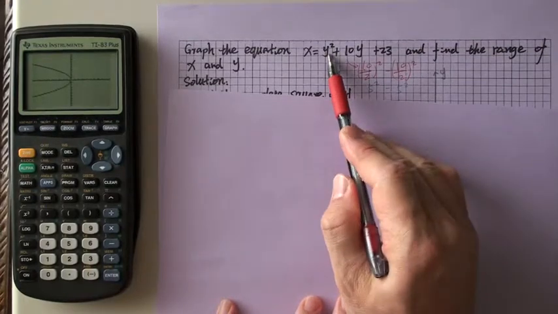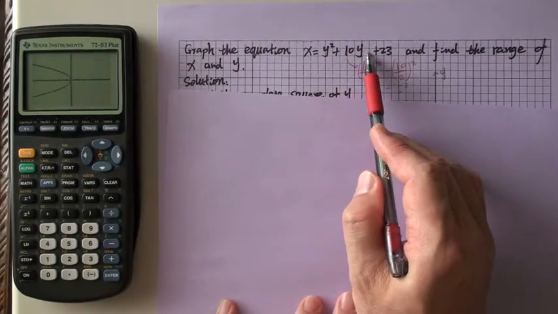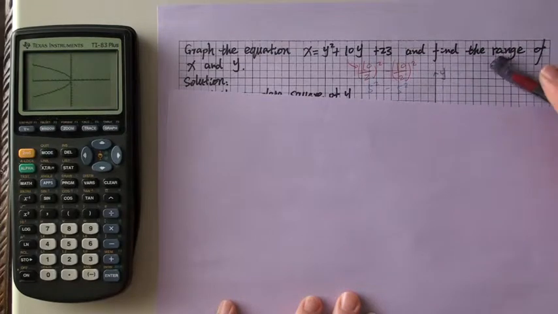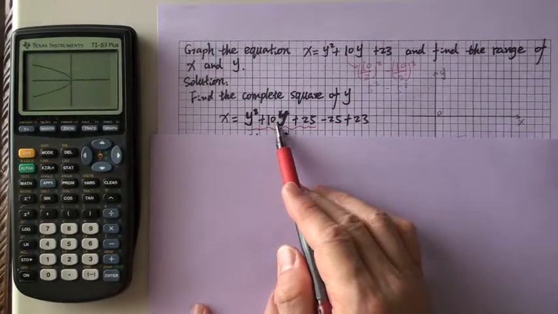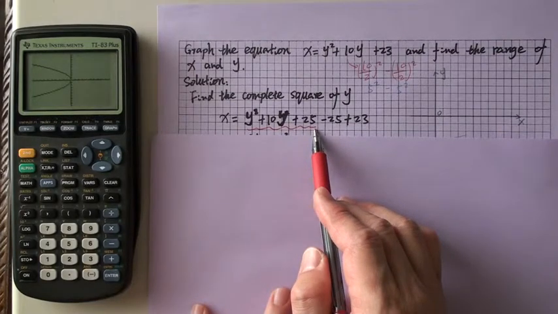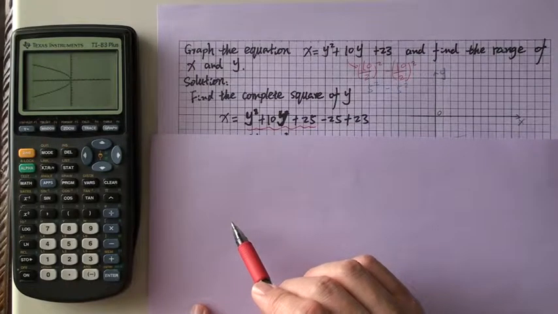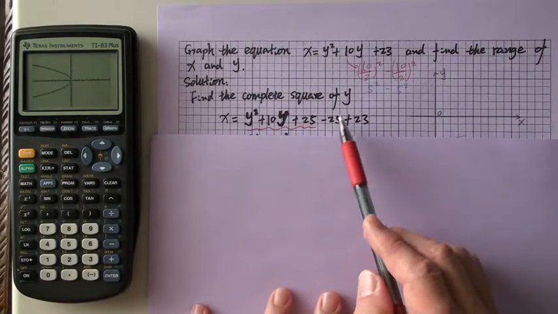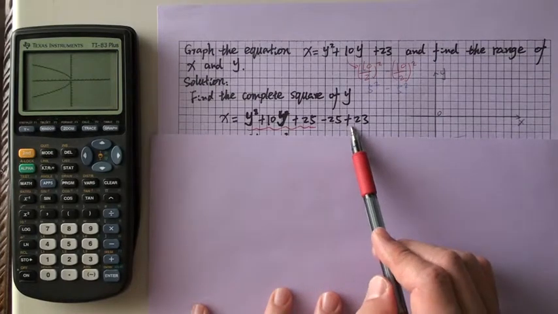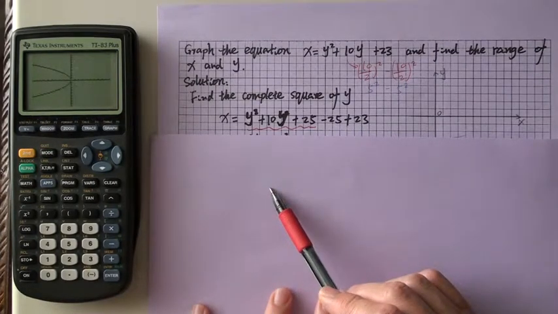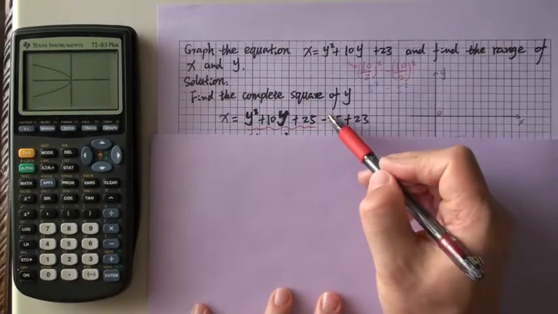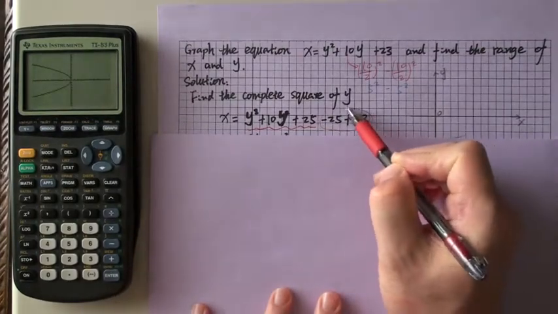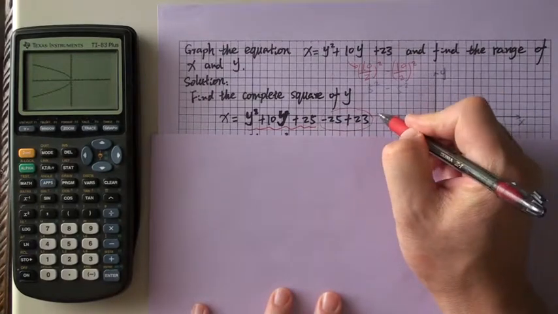With y squared plus 10y and 25, which is the one right here, that's a complete square. And then minus 25 plus 25, plus 23. Those two will give you minus 2.